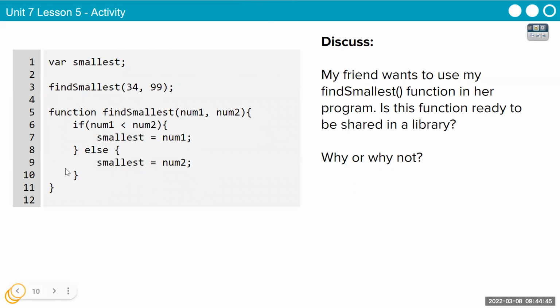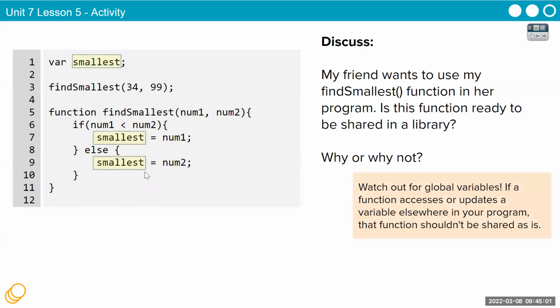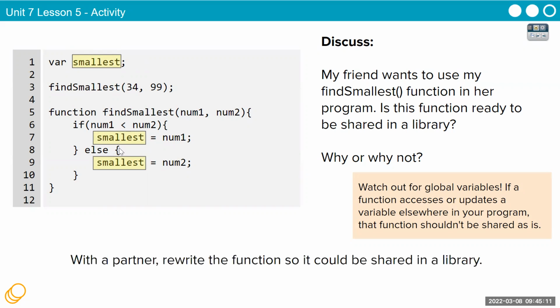Everything a library function needs has to be included in that function, so there'd be some sort of local variable and a return. This function called find smallest needs access to the variable called smallest in order to work. This function could work fine in the program, but it wouldn't work as a generalized, universally useful function.